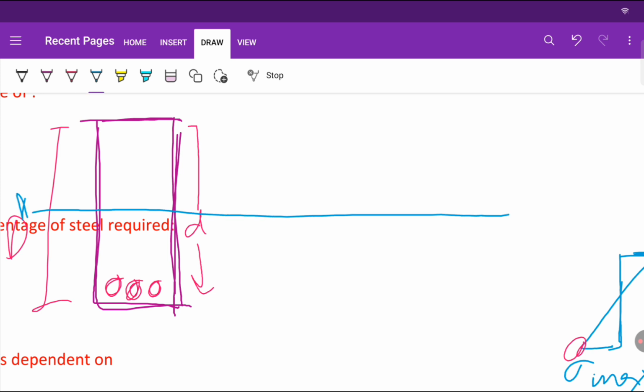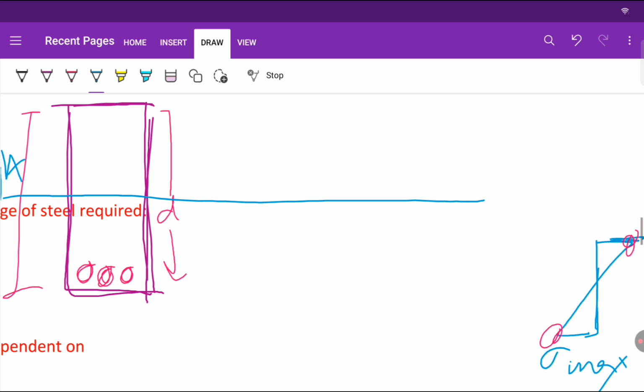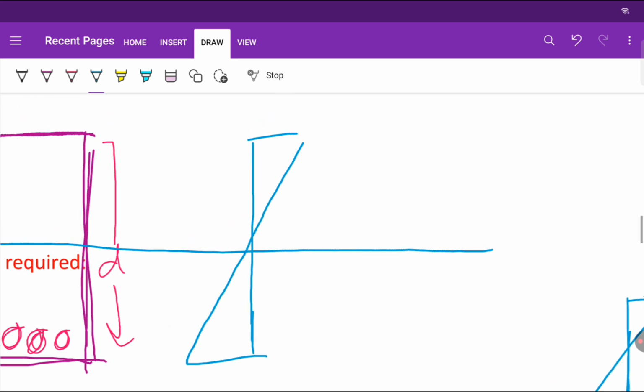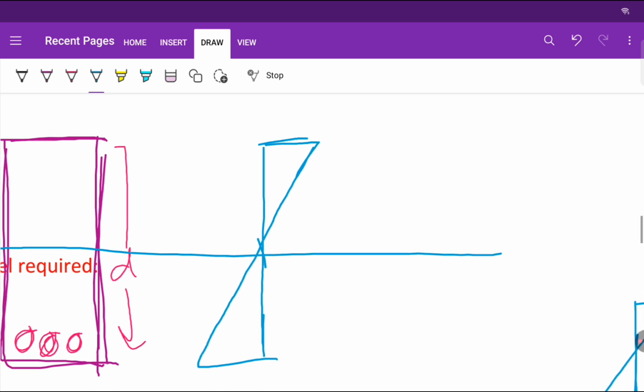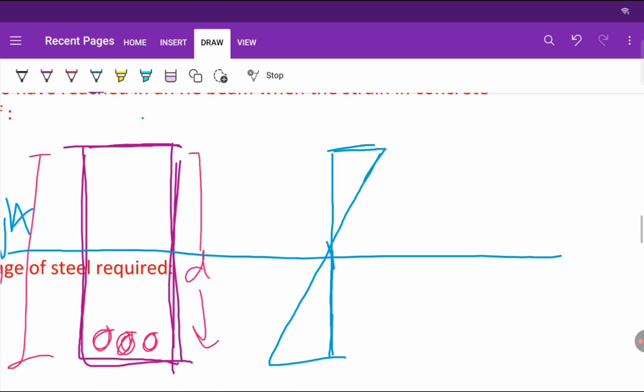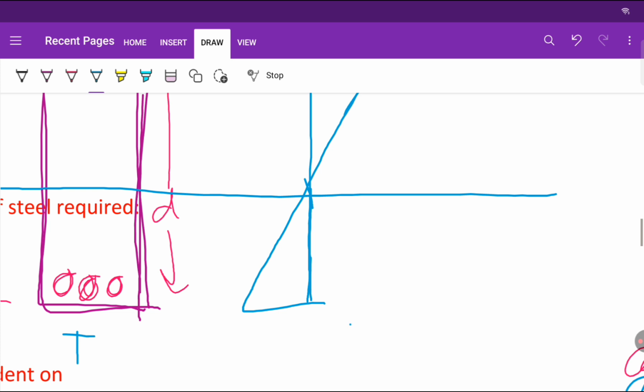Okay, that is the neutral axis. Let us draw the strain diagram. So it will be strain, right? This is compression and this is tension, right?